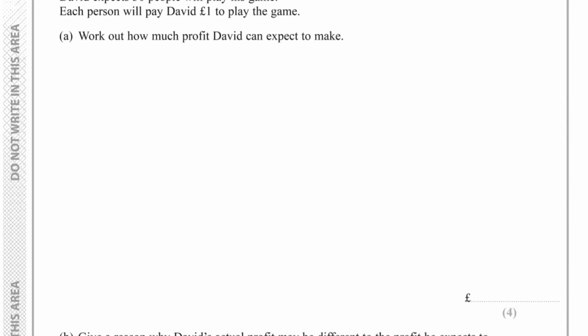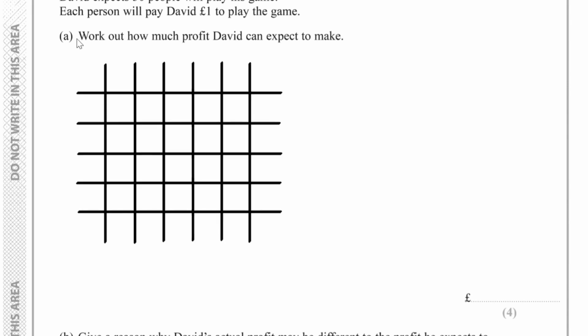Well, let's create a sample space diagram. The possible options we can have from the dice, we've got 1, 2, 3, 4, 5, or 6. That's from the dice. From the spinner, we could either land on a 1, a 2, a 3, 4, or a 5.